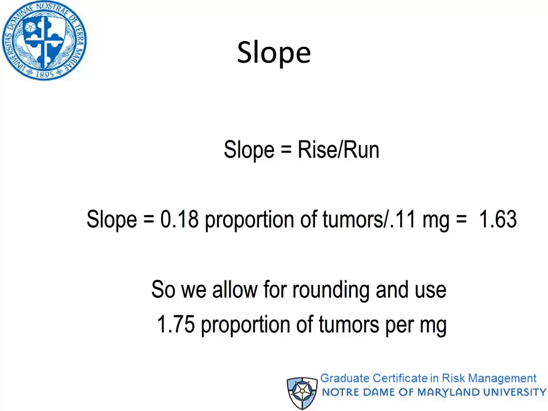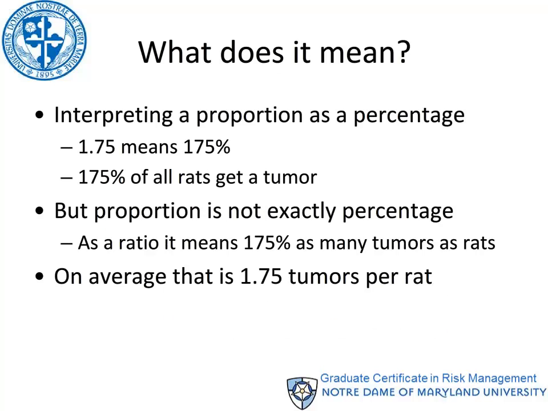benzopyrene. So when we talk about a unit risk, the unit is 1 milligram of benzopyrene. So 1 milligram of benzopyrene will produce 1.75 tumors. And we're going to say 1.75 what? So let's take a look at that in the next slide. If we interpret a proportion as a percentage, 1.75 means 175%, or 175% of all rats get a tumor. And that doesn't really make sense.